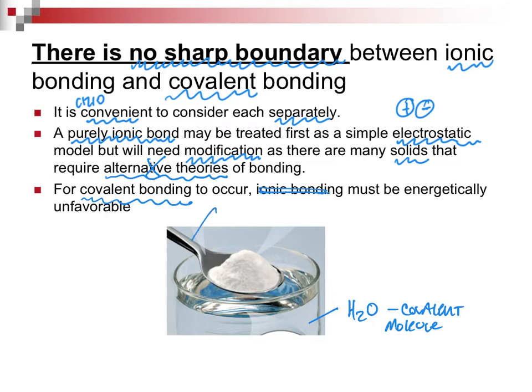We have a spoon, which is a metal, and that'll have metallic bonding. And then let's just say this white substance is sodium chloride, and it has ionic bonding. So I'm not doing any deep example. I'm saying let's put some salt into some water. That's how simple this really is.